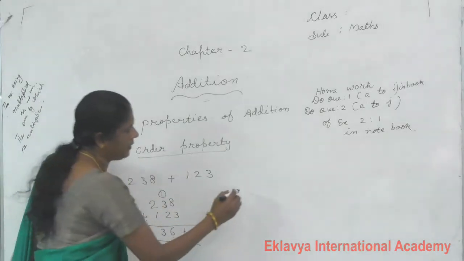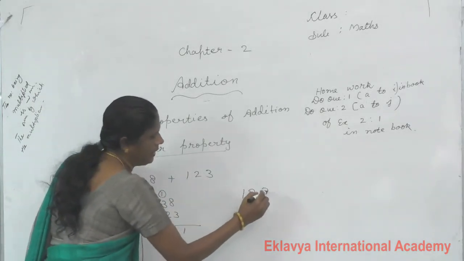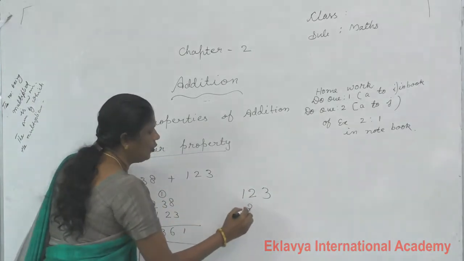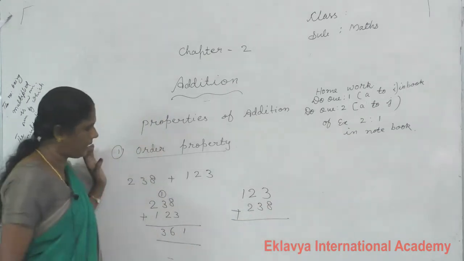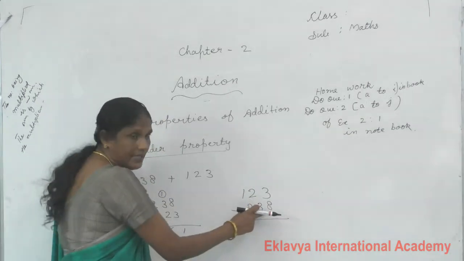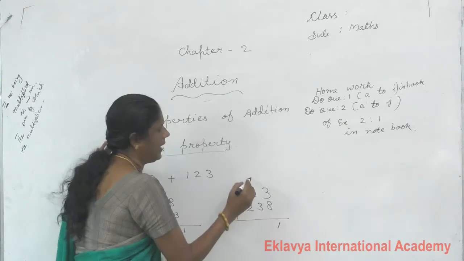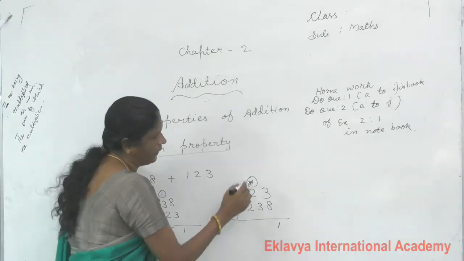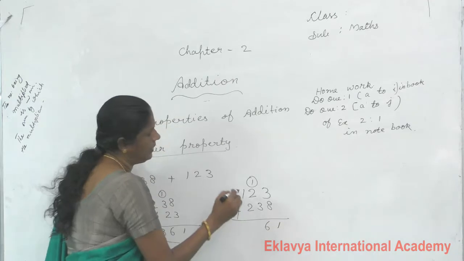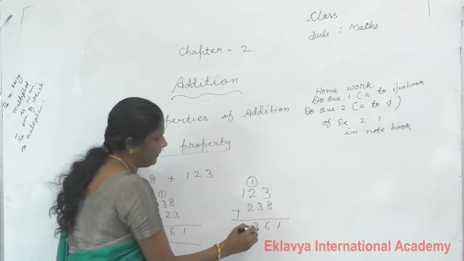Now I take 123 plus 238. Again 3 plus 8, 11, carrying 1. 2 plus 3, 5, 5 plus 1, 6. Then 1 plus 2, 3.